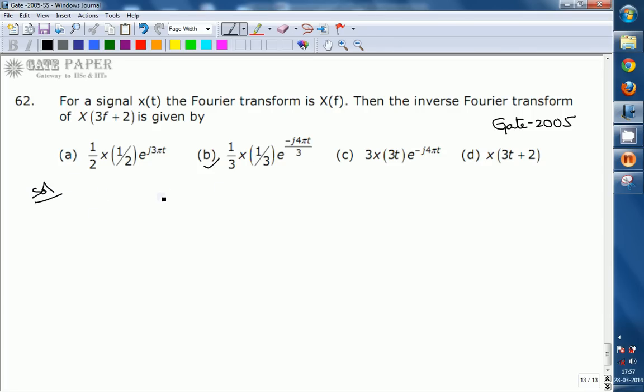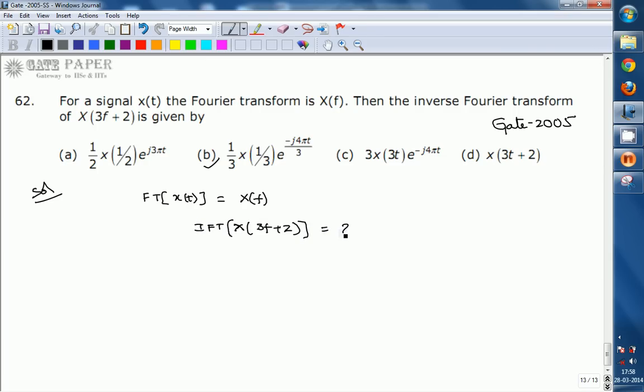Given that the Fourier transform of x of t is X of f, we need to find the inverse Fourier transform for capital X of 3f plus 2.